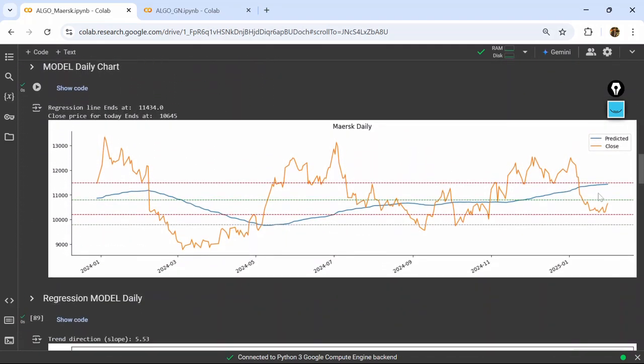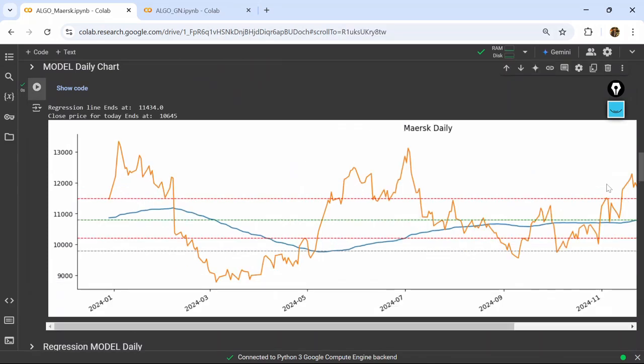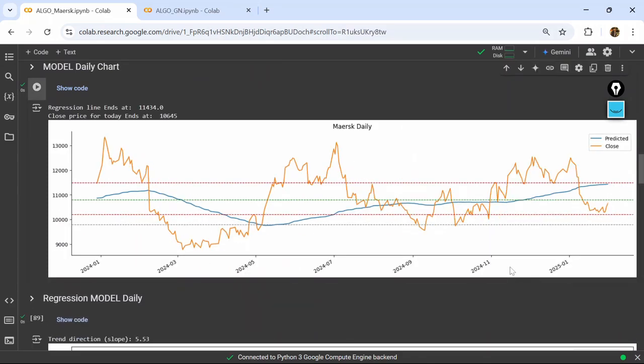It may go up. So there is a 1,000 discount till this regression line, but it can go above the regression line, same as here. If it crosses the regression line at some point, it will be more bullish. Same as here.